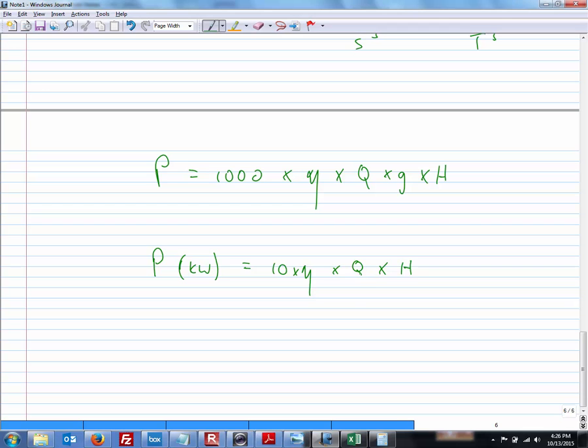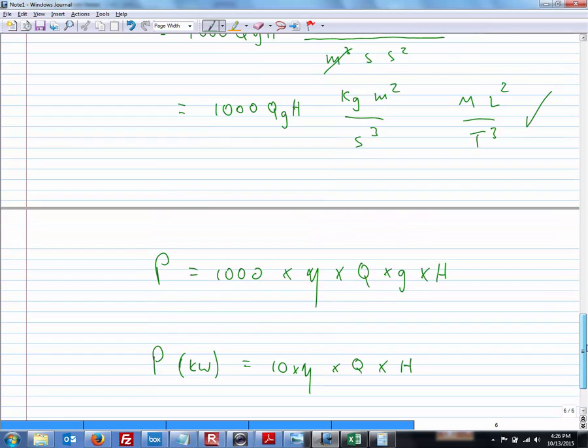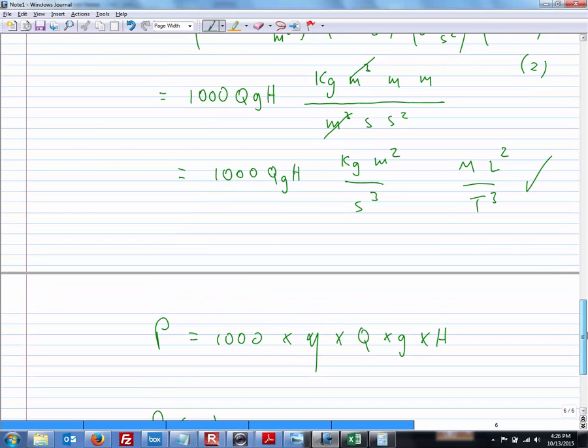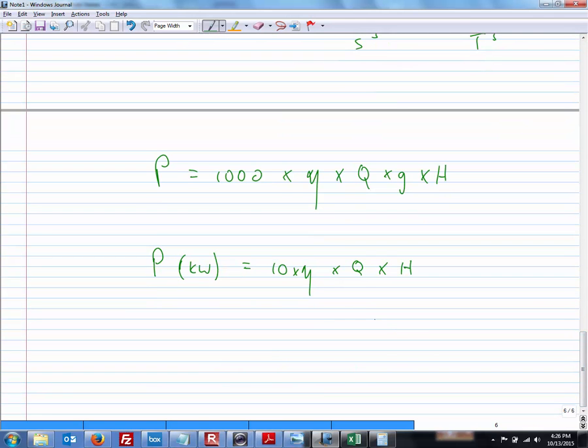Now let's see if this thing works out. Q is measured in cubic meters per second. I'm going to figure out what dimensions are missing from that 10. So this is going to be in cubic meters per second. This is going to be in meters. Eta is dimensionless.